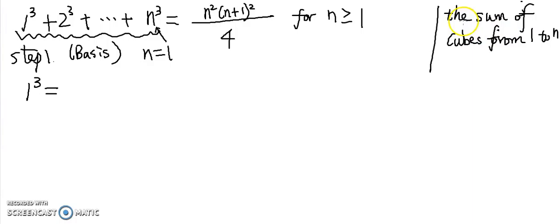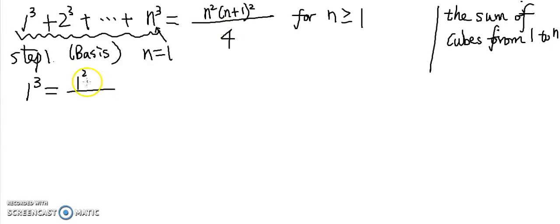So that's the sum of cubes of 1, just like 1 cubed. And for the right hand side, we only need to replace n with 1.